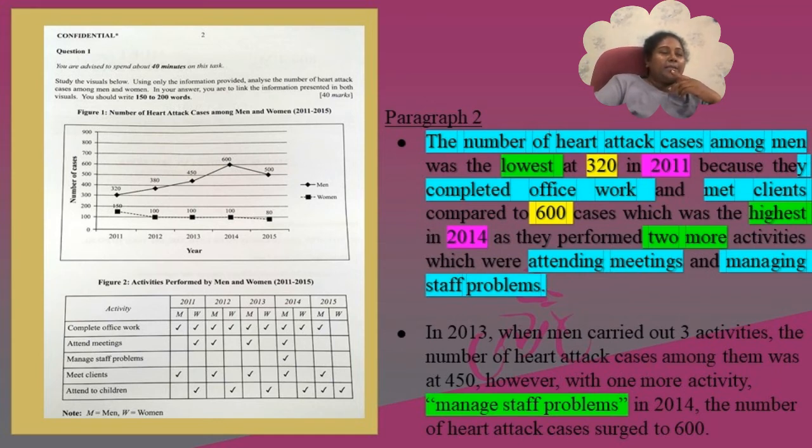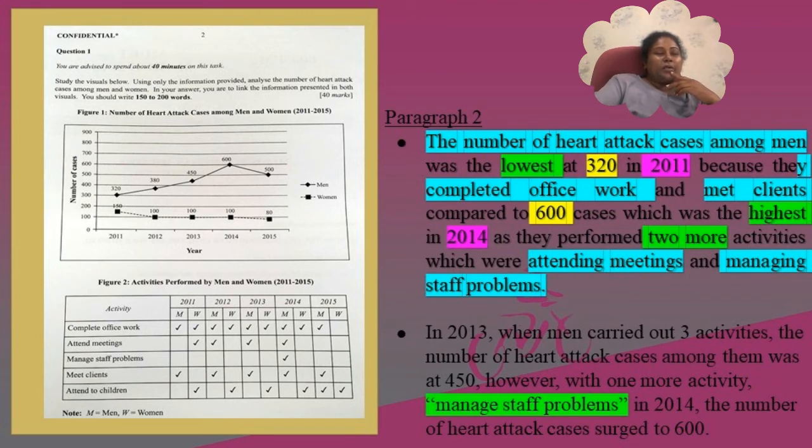Then in this analysis we can find another analysis. It's a comparison between lowest and highest: compared to 600 cases, which was the highest in 2014.